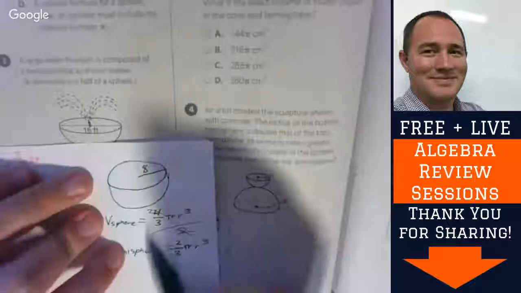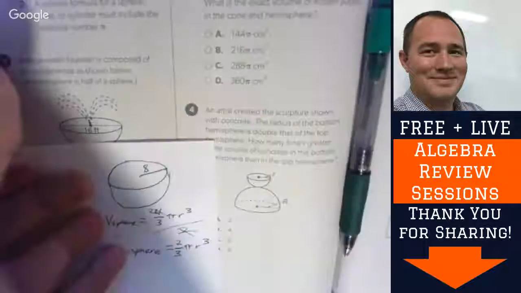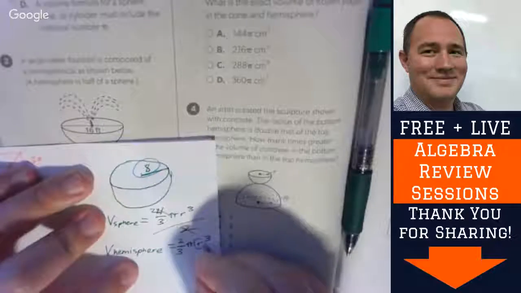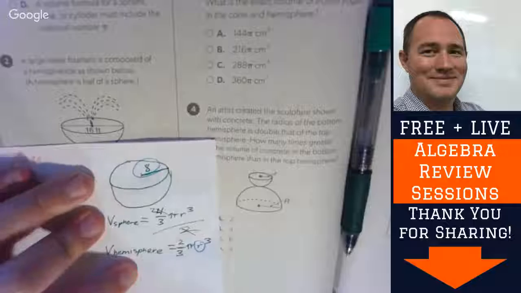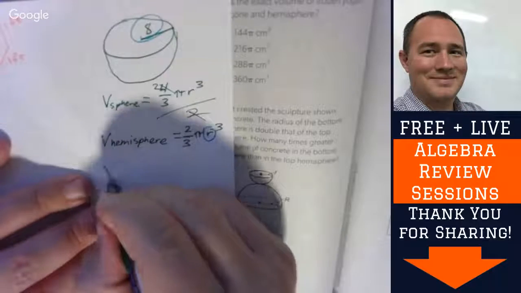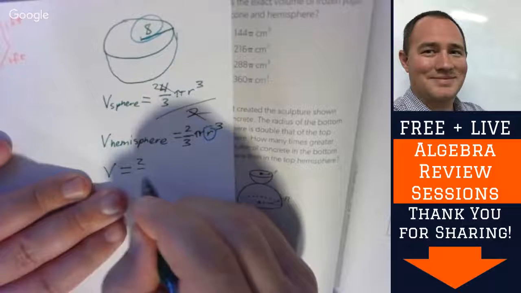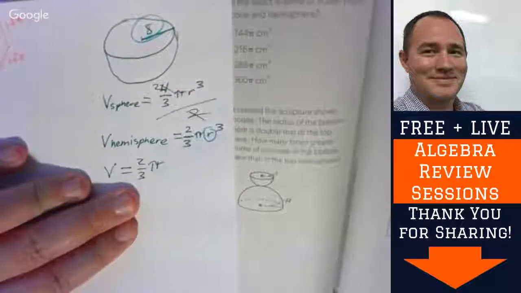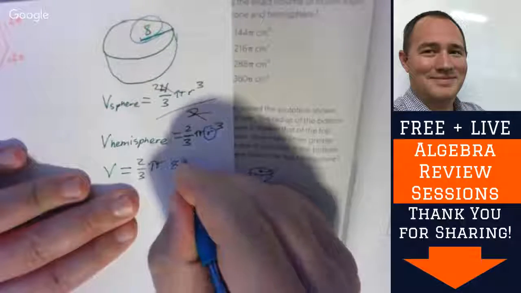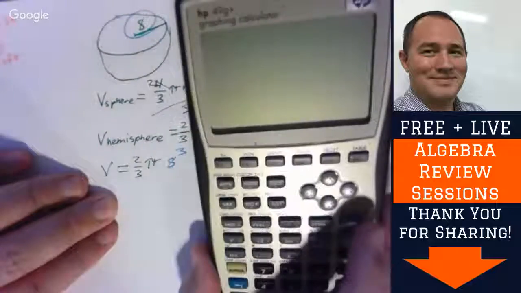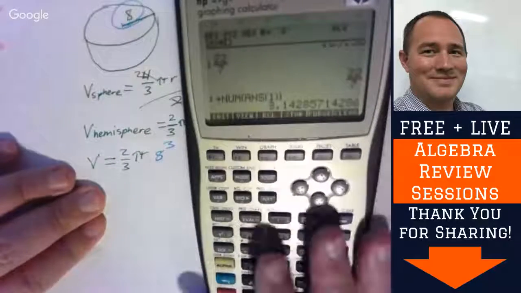Okay, so we're going to plug in 8. That 8 is going to be plugged in for that r. Okay, so let's do the calculation on that one.